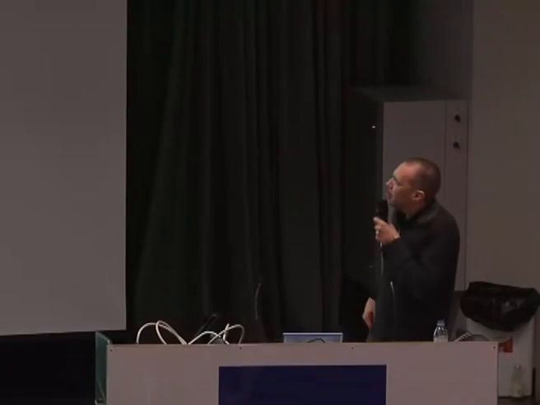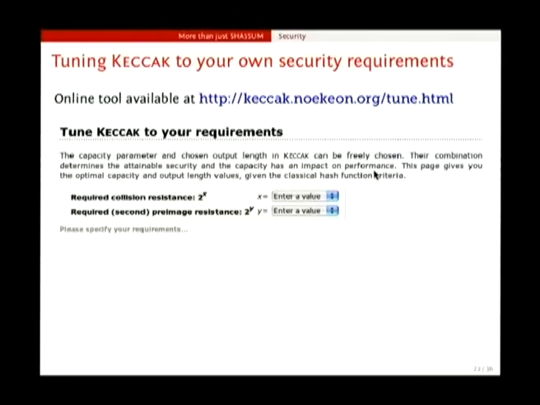Okay, so now the security claim. What is the security? Michael already said that the security of Keccak, or a sponge function in general, is defined by its capacity. A colleague of ours has made an application that is available on our site, where you get the URL there, where you can give your security requirements with respect to 2 criteria and see what the requirement then is on the capacity.